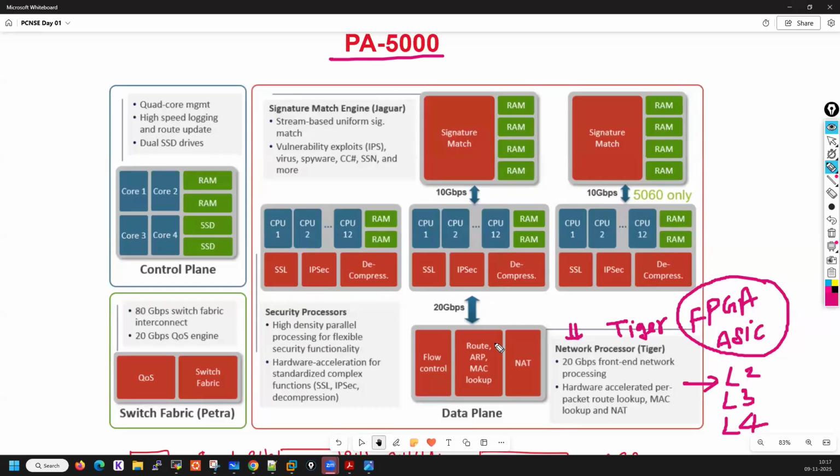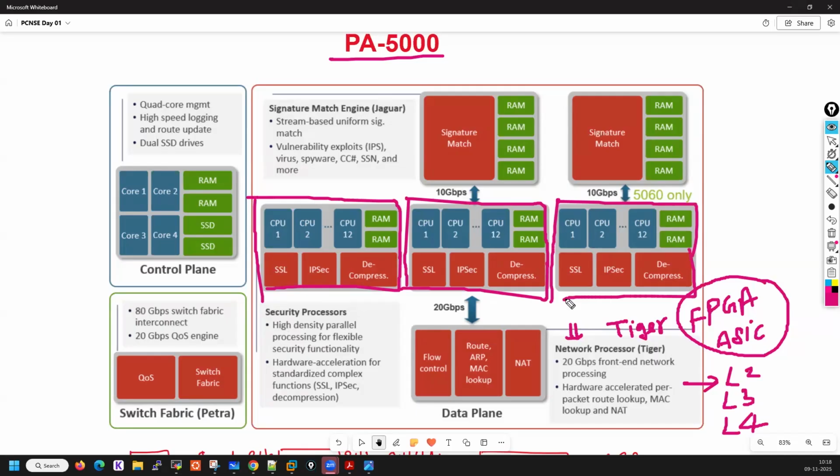And after that, we have a security processor. This one is the security processor. And you know, guys, we are not having a single security processor. We are having here three different chips, and that chip name is Octeon.